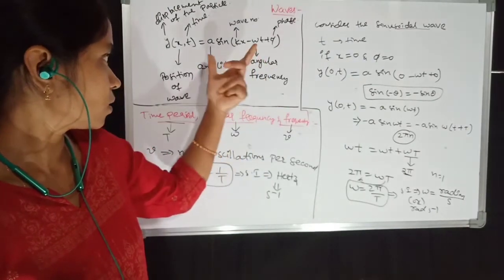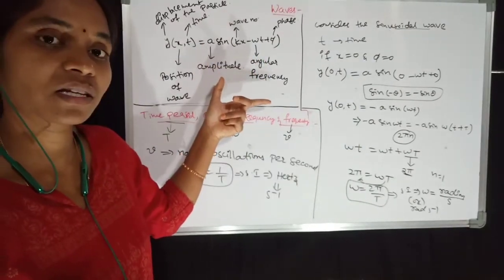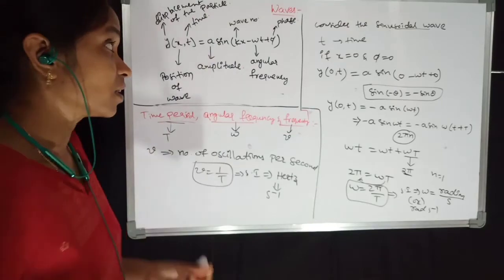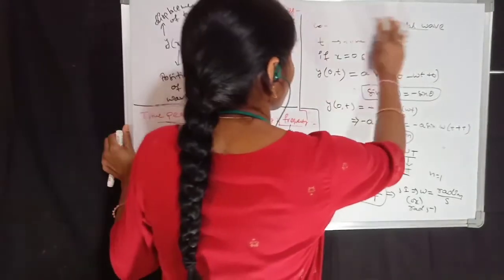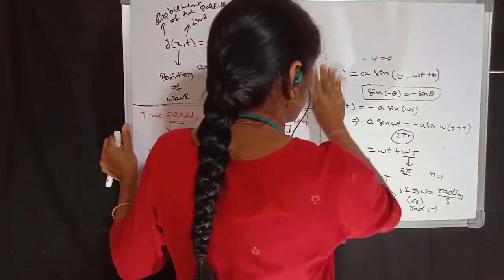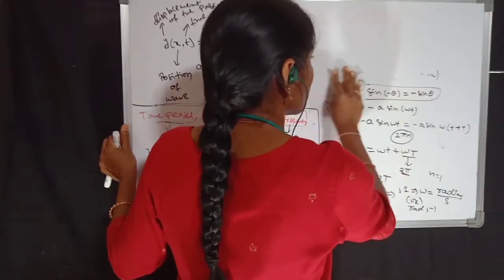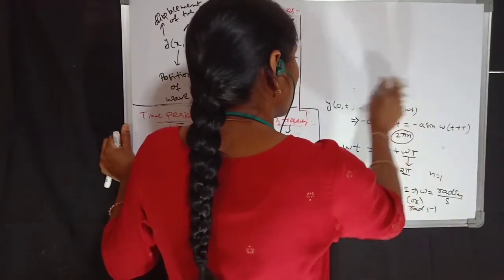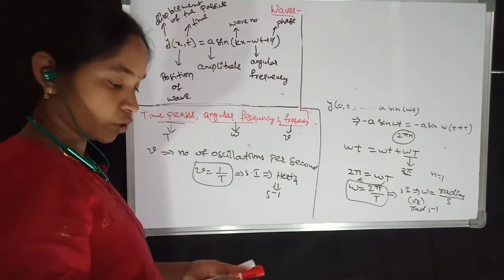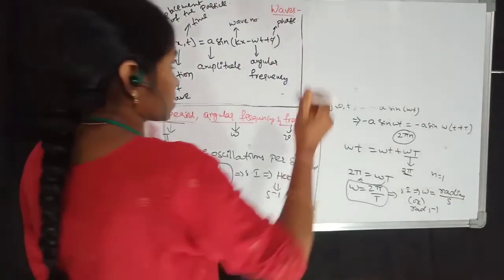Here I had considered the transverse wave equation. And coming to the longitudinal wave equation, what do we have? In a transverse wave, the particle direction and wave direction are perpendicular to each other.